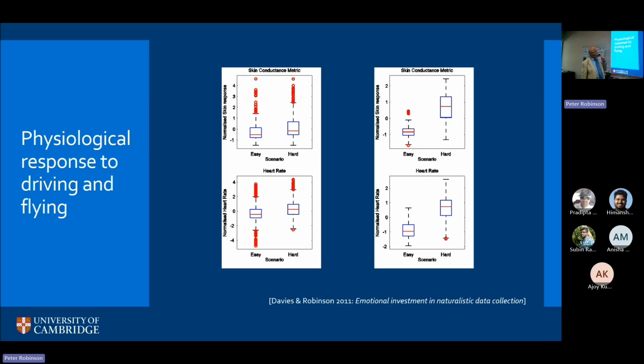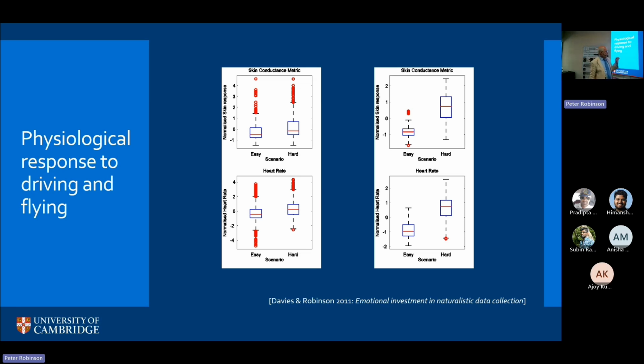What you see are two different pictures. The left-hand side is the driving simulator experiments, the right-hand side the remote control. At the bottom of each, we've got heart rate figures, and at the top, we've got skin conductivity figures. And then within each box, we've got the straightforward driving and the driving while doing mental arithmetic.